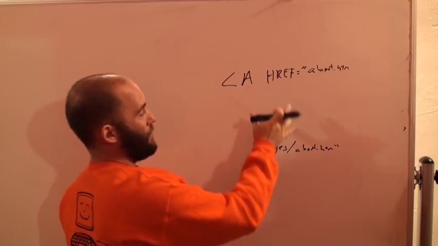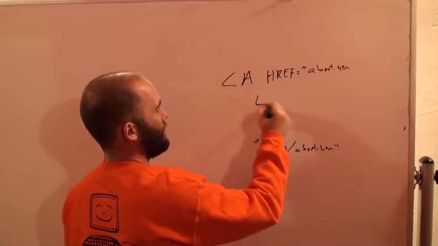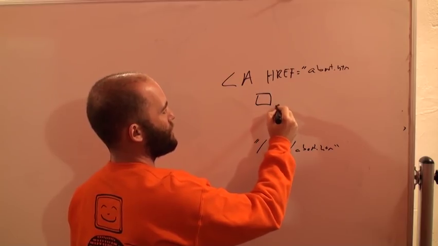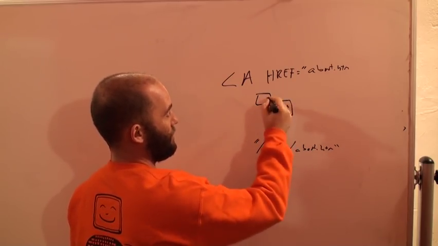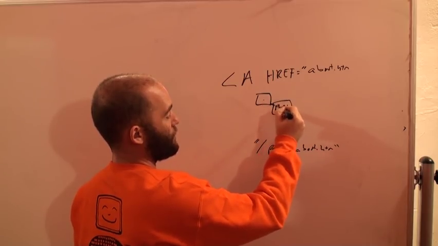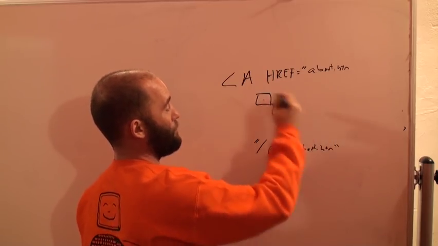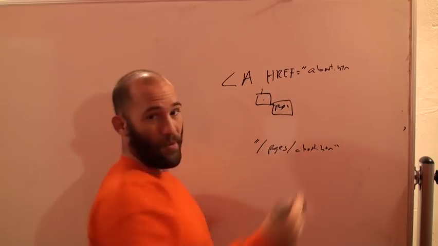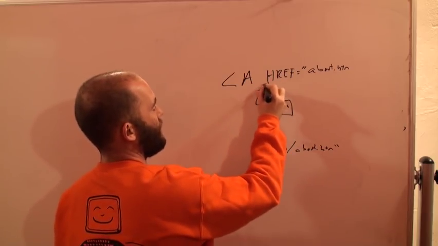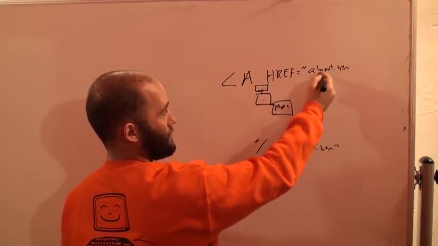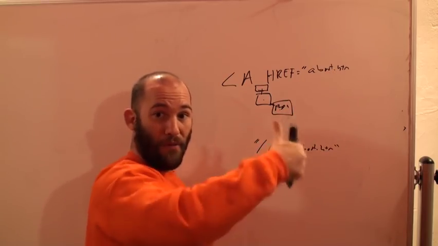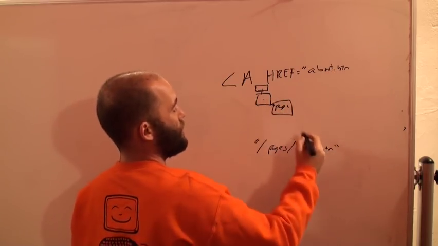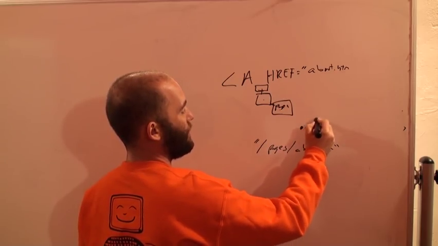So if you're sitting in this folder and you have a pages folder here, and that's where about is, then you say go to the pages folder and then go to about.htm. Just like with pictures, if the page that you want the person to go to is above you in the folder structure, then you would do / about.htm.